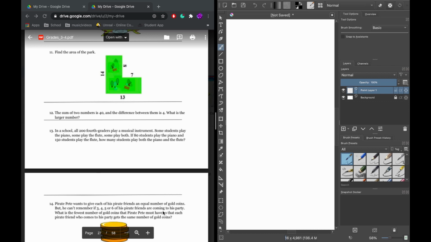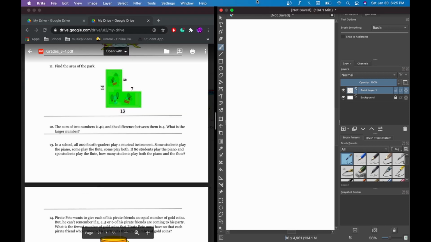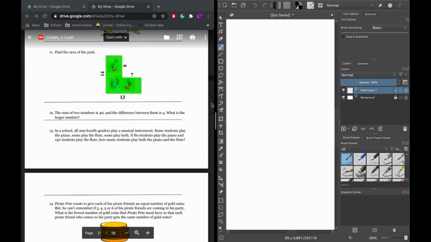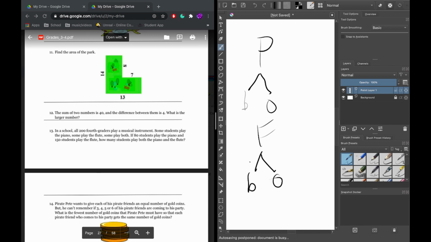And if you don't understand why we're getting a bigger number than the total when we add 150 and 80, well, that is because in the piano there is a both number, and there's an only number. And on the flute, there is a both, and there is an only.